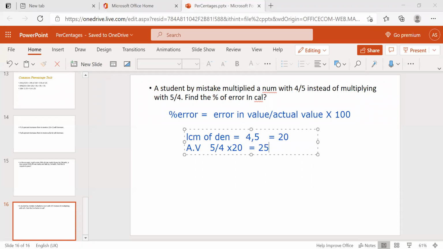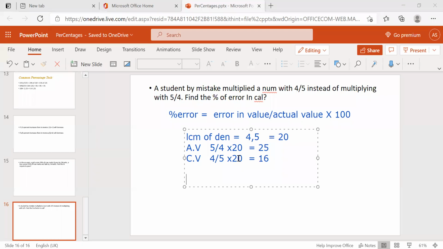Equal to 25. And what's the error value? That means what's the calculated value? The calculated value is 4 by 5 into 20. Then what will we get here? It's nothing but 16. Now we have a formula. Percentage of error equals error in a value.